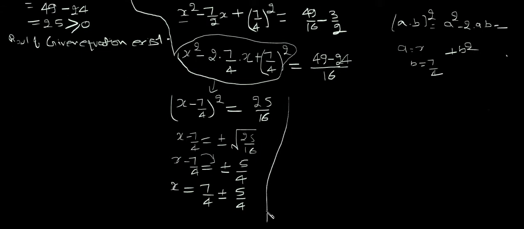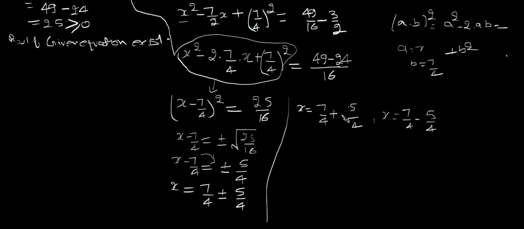I can further simplify it. So the value of x is equal to 7 by 4 plus 5 by 4, this is one value, and x is equal to 7 by 4 minus 5 by 4, this is the other value of x.